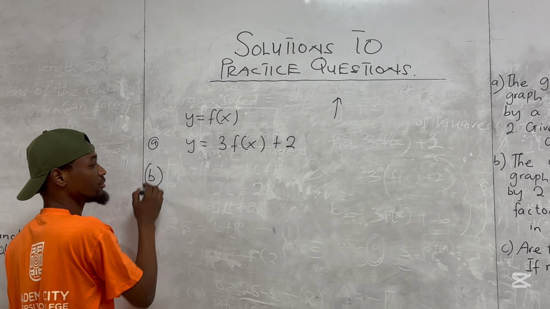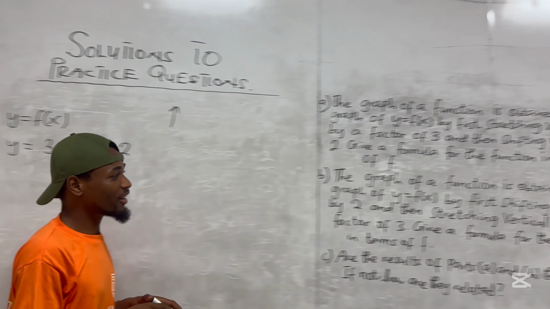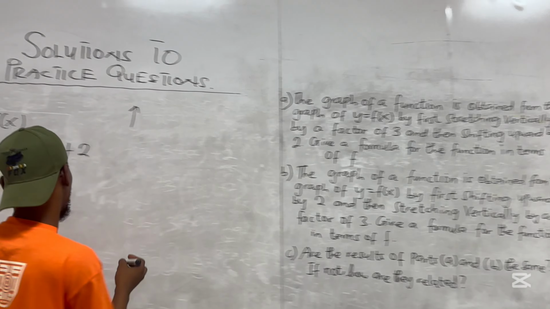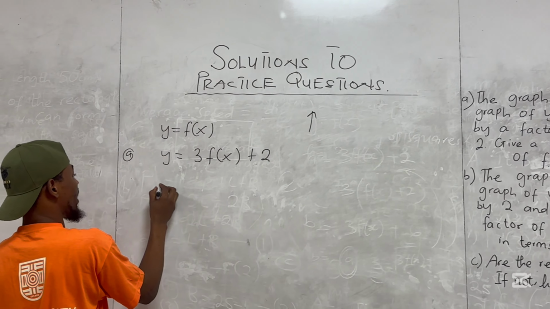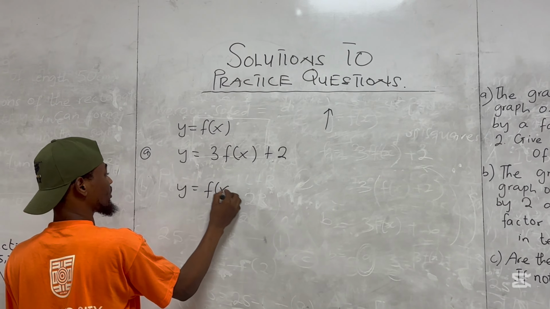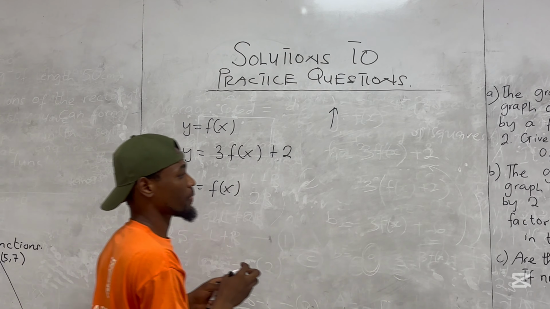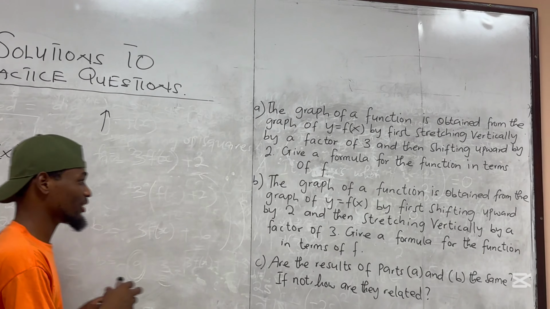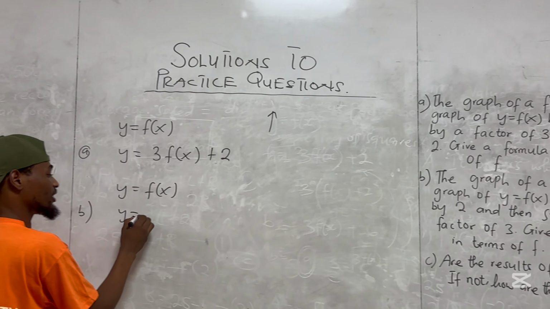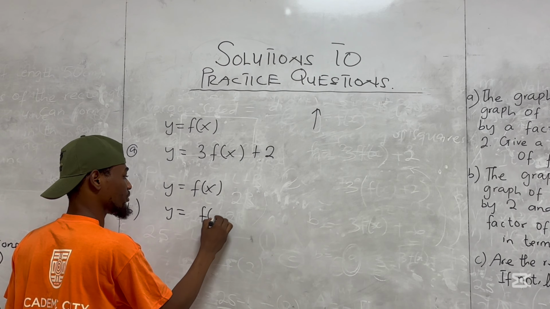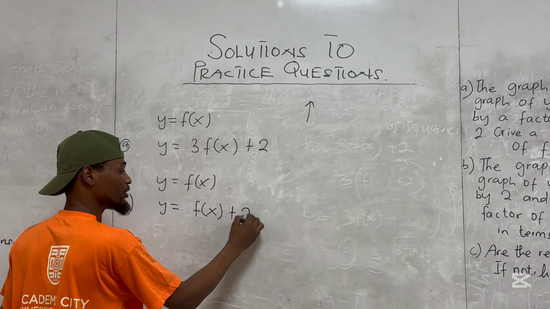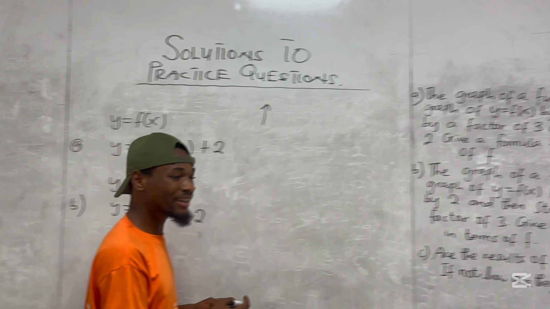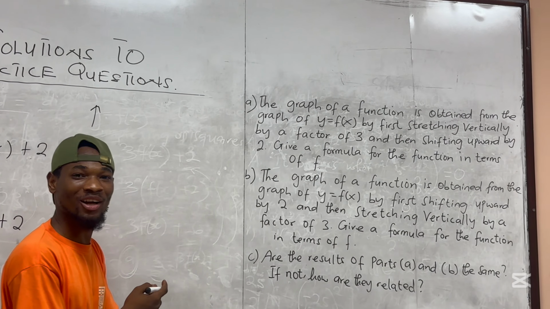So B, the graph of a function is obtained from the graph of y is equal to f of x, right? We still have our y is equal to f of x. By first shifting upwards by 2, and then stretching vertically by a factor of 3.